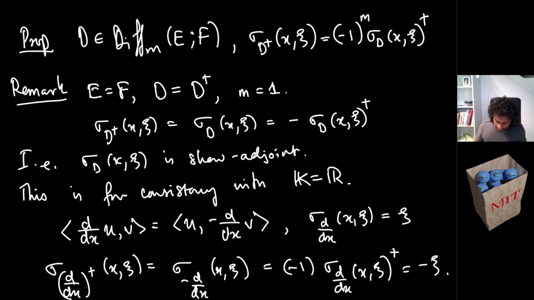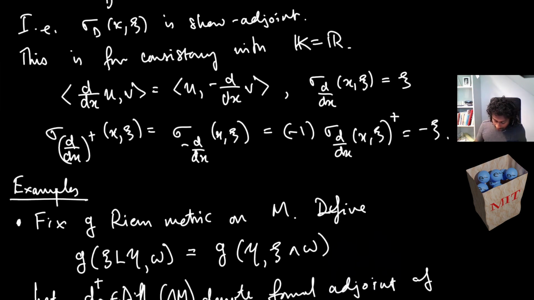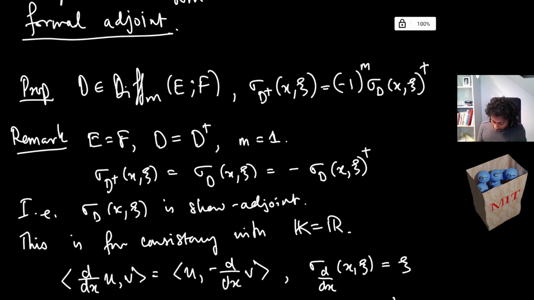Well, I mean, the thing is that the formal adjoint of the Laplacian is itself. So if I now take the formal adjoint and it is itself, then we have this relationship here, that the formal adjoint should be the negative of the symbol of the adjoint transposed.